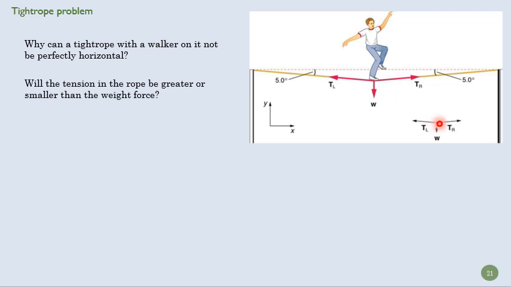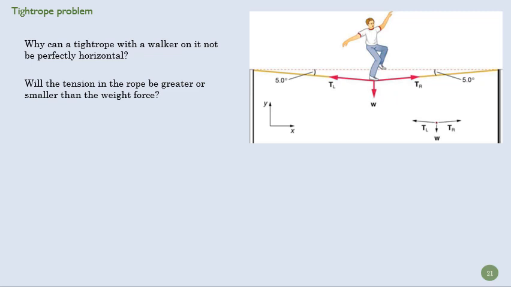So in order for this to be still, it has to be balanced by some y component of TR and TL. So they have to bend here, or you're not going to be in equilibrium. You're going to have some kind of acceleration. And then we might ask if the tension in the rope will be greater or smaller than the weight force.